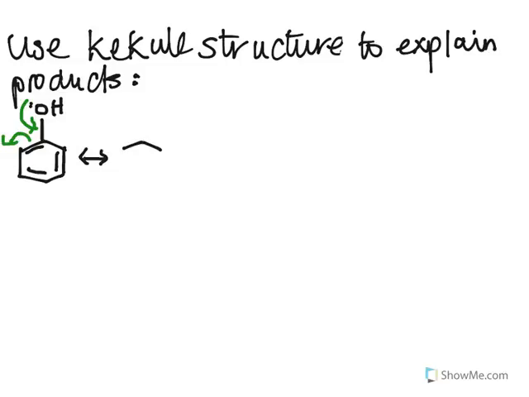So if we could freeze it just after that movement, we would find that we would have this structure here with a negative charge sitting on this number 2 carbon, and still the other 2 canonical forms.